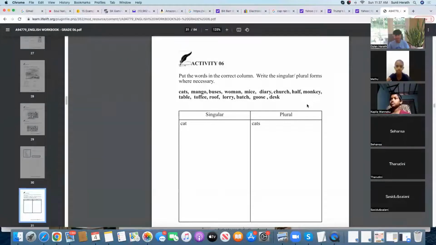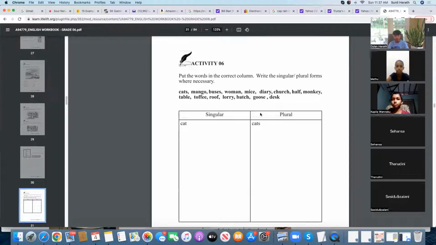Batches. Yes, it would be batches. So in this case, what letters would you add to the end? Yes, ES. Thank you. To make batches. So batch is the singular version, and batches is the plural version.